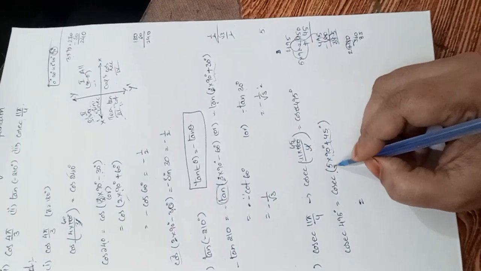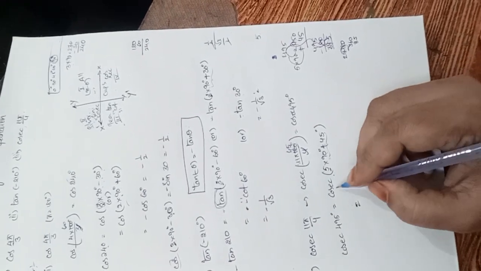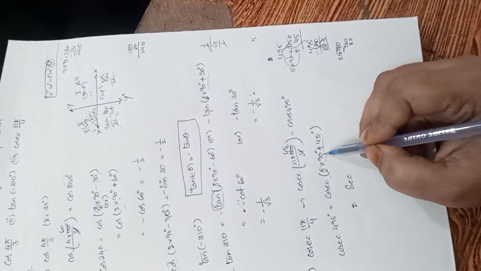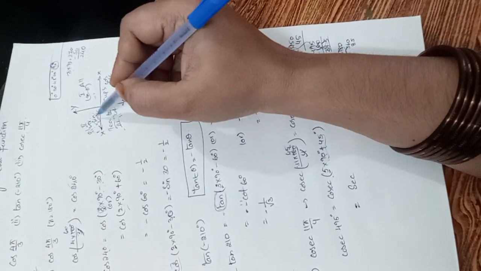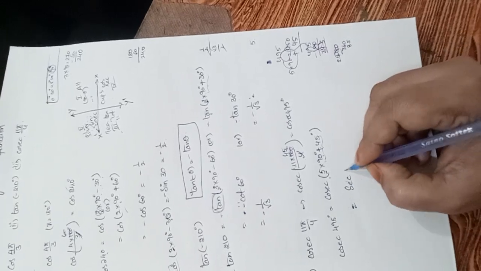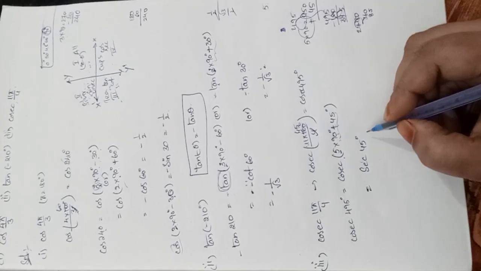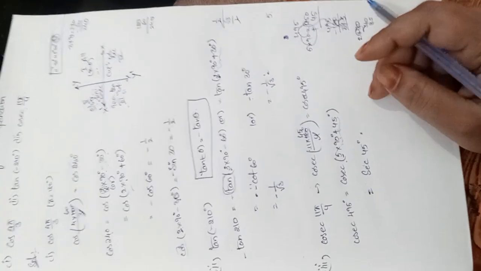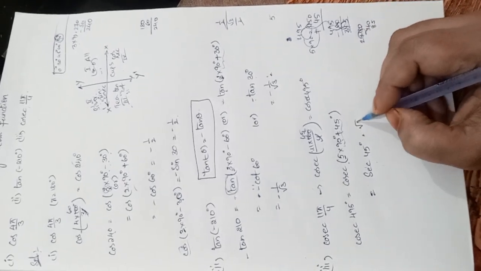And this is an odd multiple of 90, so it will change to secant. In the second quadrant cosec is positive, so this is also positive. So sec 45 degrees, which is 1 by sin 45. Sin 45 is 1 by root 2, so you get sec 45 as root 2.